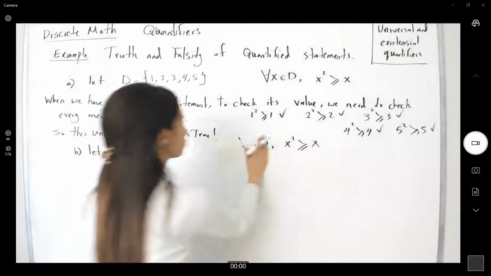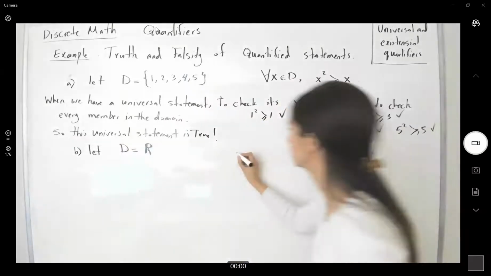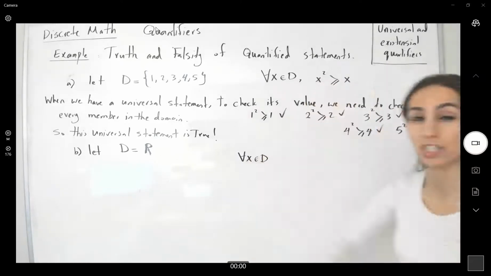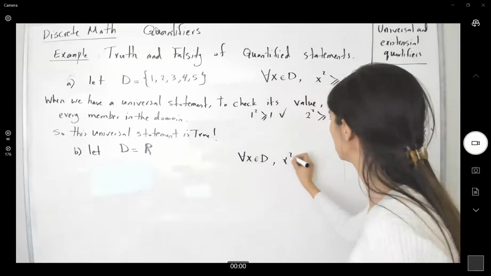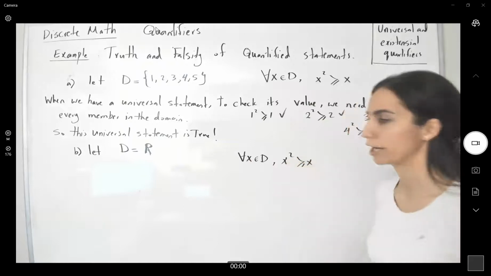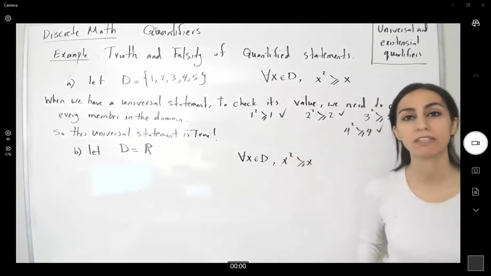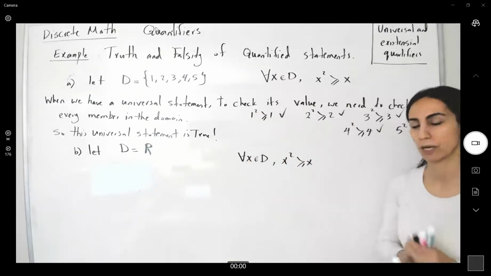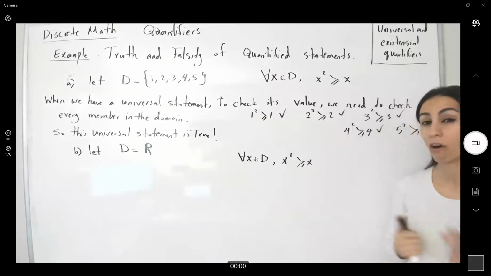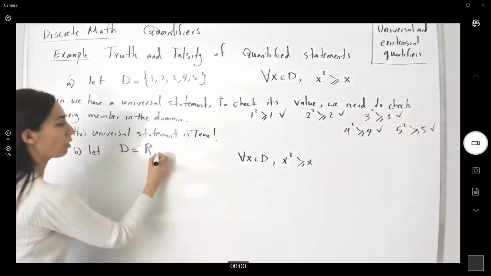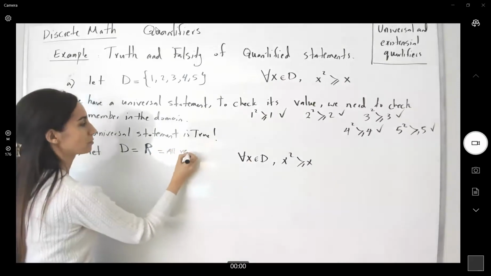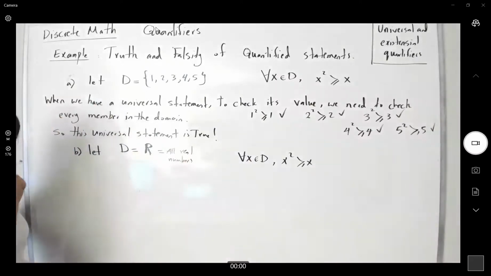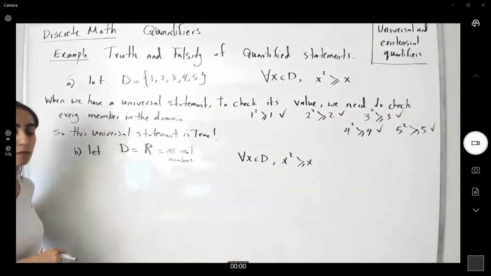Okay, now let us move on to the second one. We're using the exact same universal statement, but we're changing the domain. So I know when I have a finite number of values in my domain, it's super easy to check each one of them. But here I have R, the set of all real numbers. How do I check each one of them?